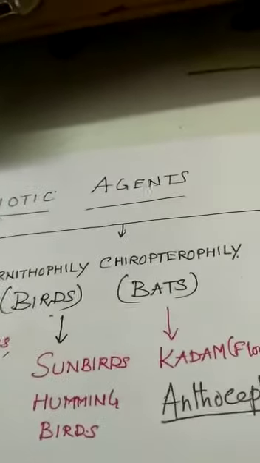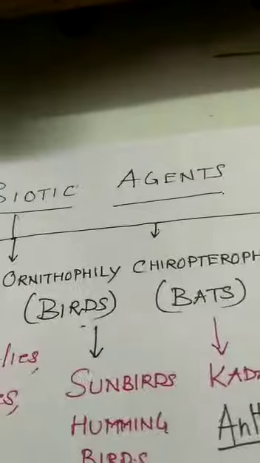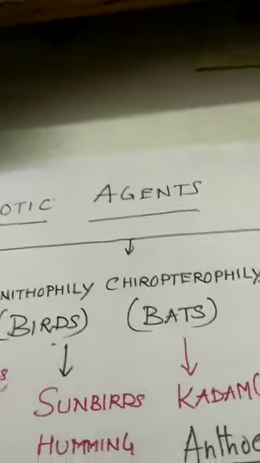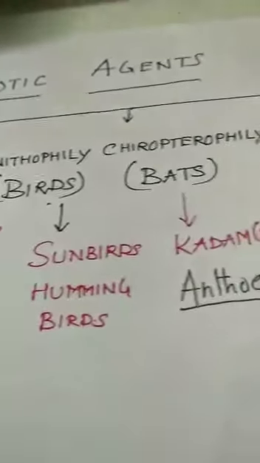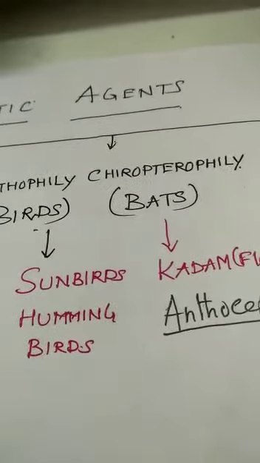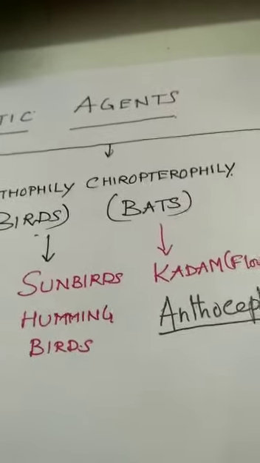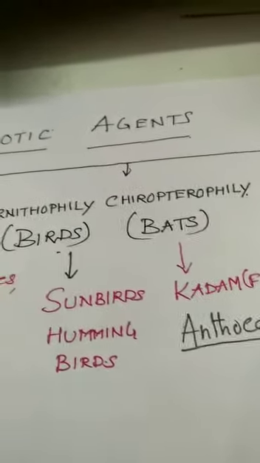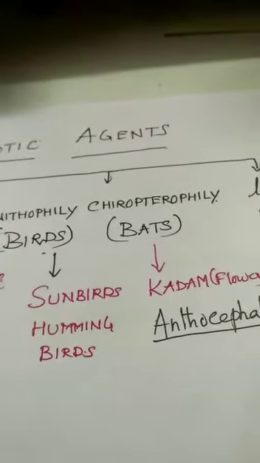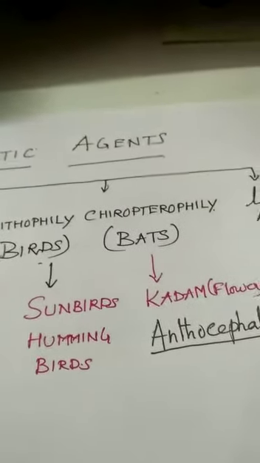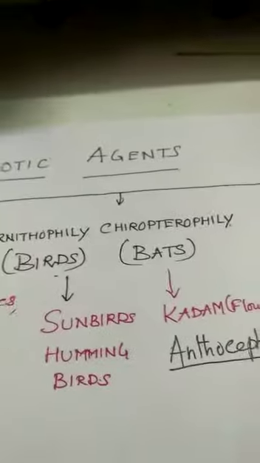Then you will see ornithophily, that is pollination carried by birds. You must have seen the sunbirds or the hummingbird. It's really fun seeing how they suck the nectar, and during this time how they bring about pollination.